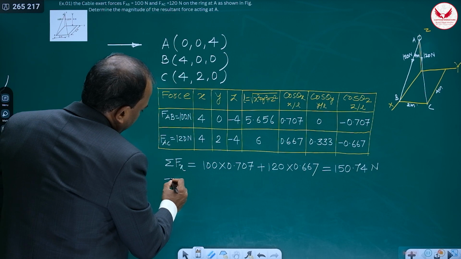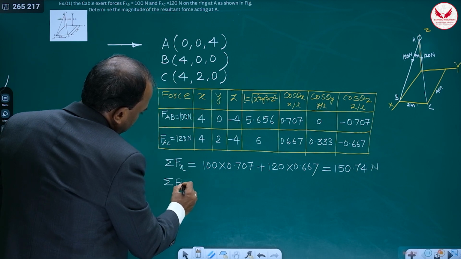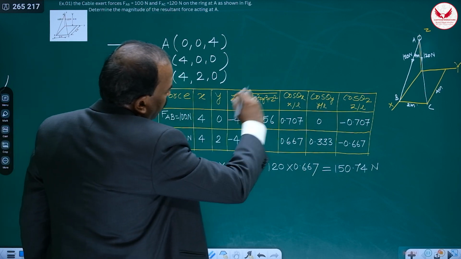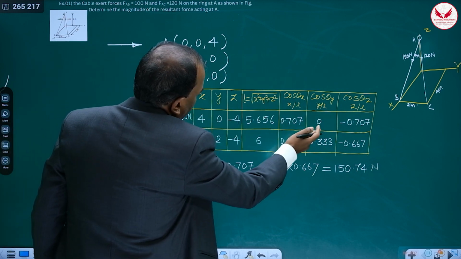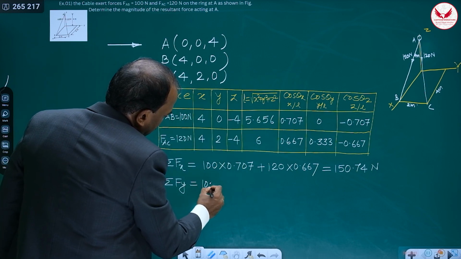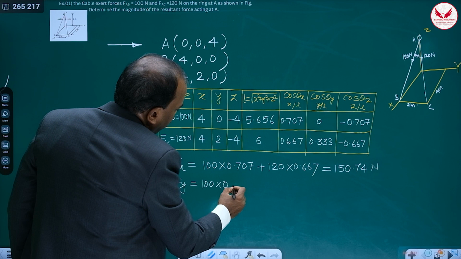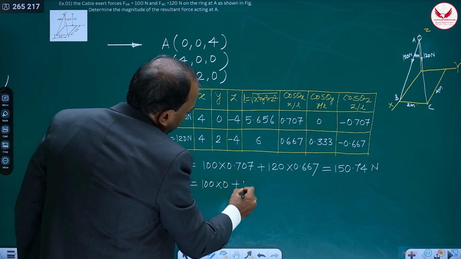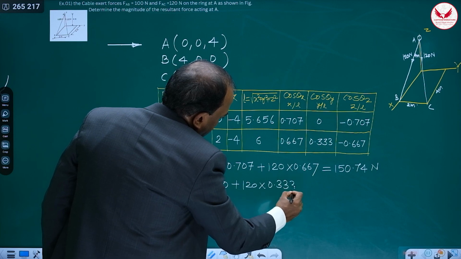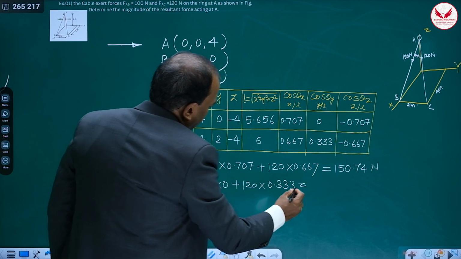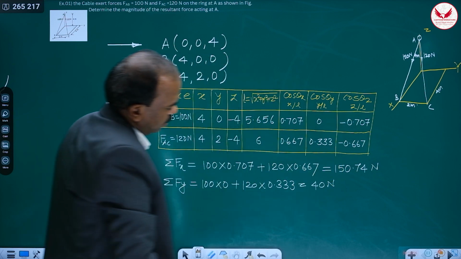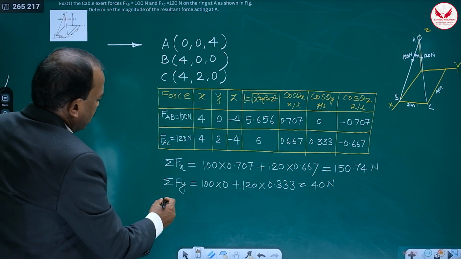Then what is summation Fy? Summation Fy is equal to force into cos theta y. Then 100 into 0 plus 120 into 0.333, and it is going to be 40 Newton. It is 40 Newton. Then summation Fz.